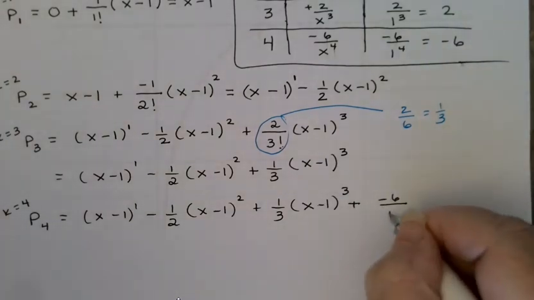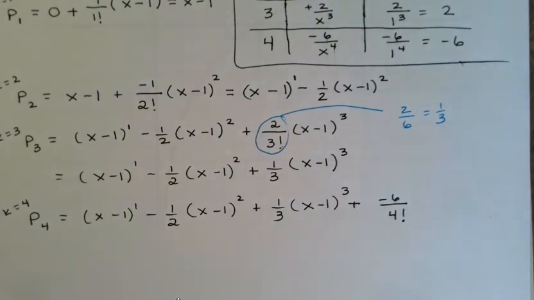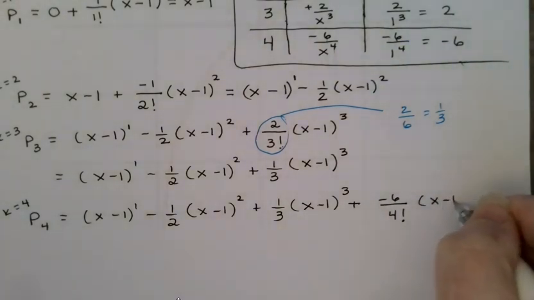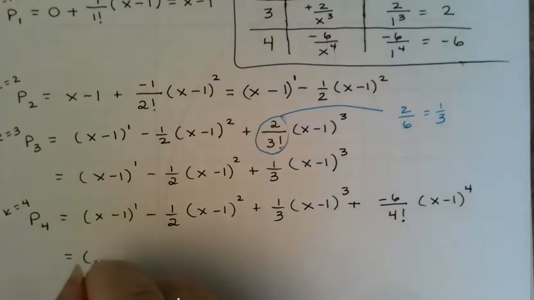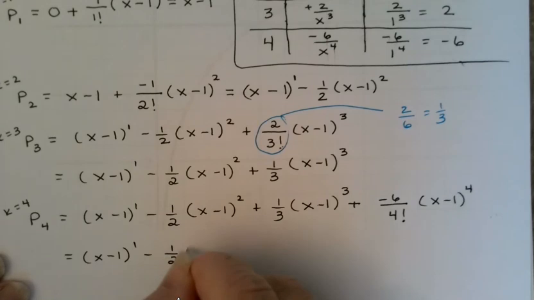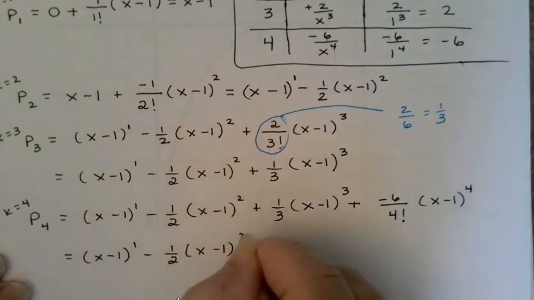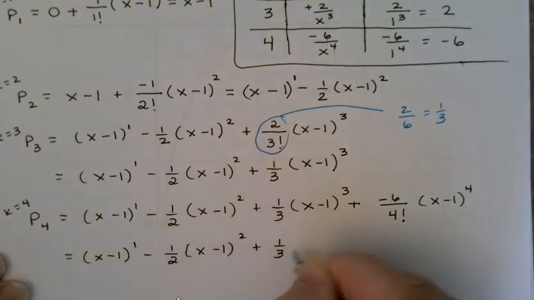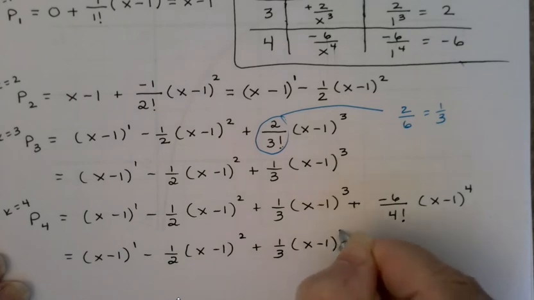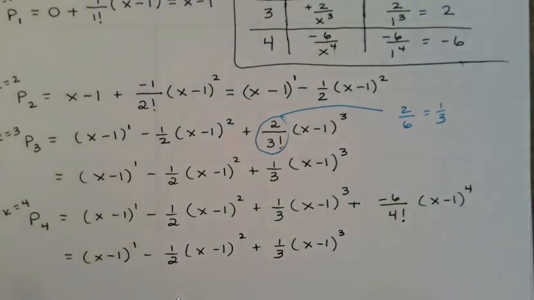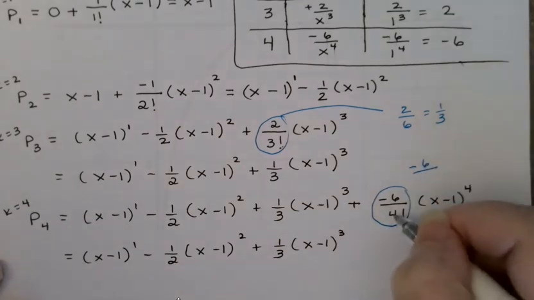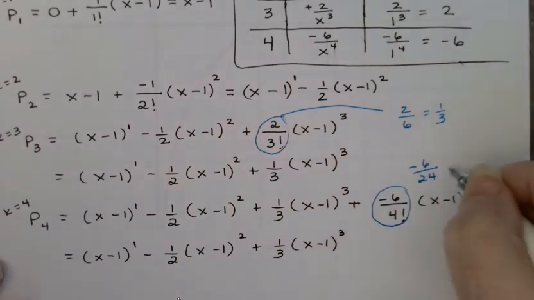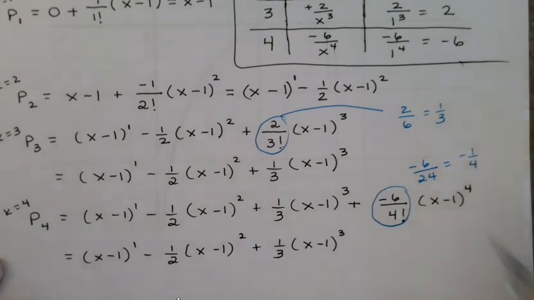The denominator will be 4 factorial times x minus 1 to the fourth. And let's see, what's this thing? That would be negative 6 over 4 factorial, which is 24. So that'd be negative 1/4.